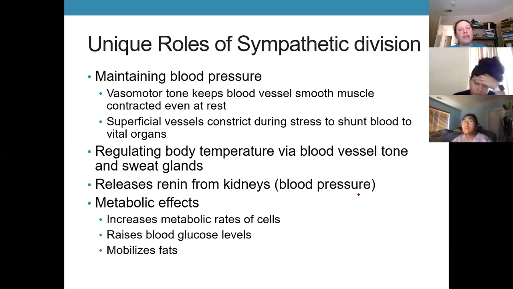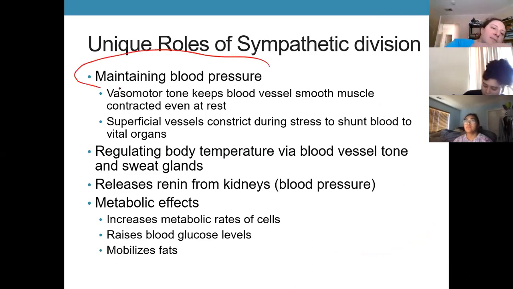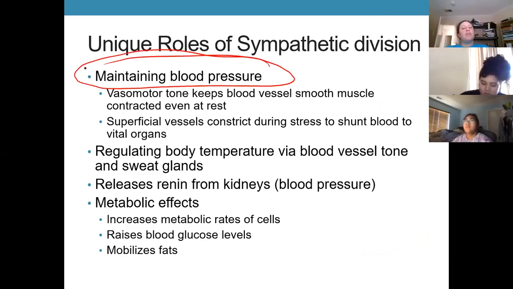Some things that are unique to the sympathetic division, because of those few effectors that don't have dual innervation: blood pressure maintenance is probably the most important one. So the sympathetic nervous system is responsible for maintaining the appropriate level of constriction on blood vessels to maintain blood pressure, as well as direct blood to whichever organs need it in any given moment. Because as you'll learn when you get to the cardiovascular system, we don't have enough blood in our bodies for every single thing to have all the blood all the time.